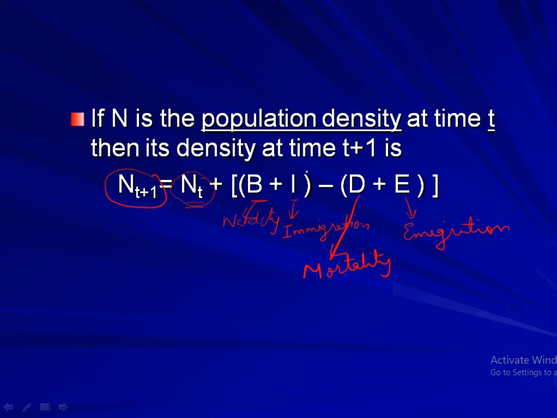So B plus I, that is natality plus immigration, will add to the initial population density, minus the death rate or mortality plus emigration, which decreases it. We have to reduce this from B plus I. So that gives us the population density at time t plus 1.